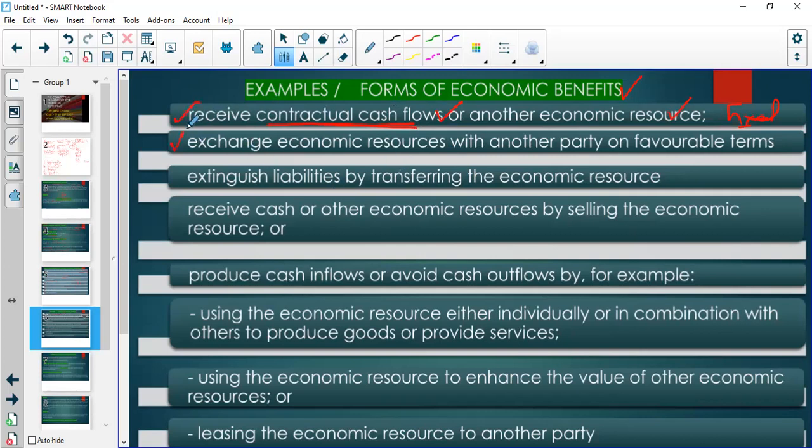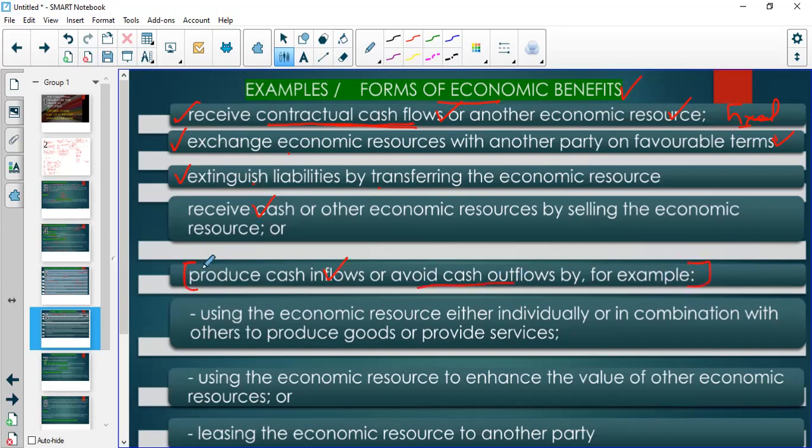So we could have a chance to exchange with another party on favorable terms. In other words, we do an exchange and we gain. So that's a form of economic benefit. Or we could extinguish liabilities by transferring the economic resource. So that's also a gain, because we no longer owe somebody. We use that economic benefit to reduce what we owe. So that's a benefit, that's a gain. So we could receive cash, we could produce cash inflows, or avoid cash outflows, like in our example.